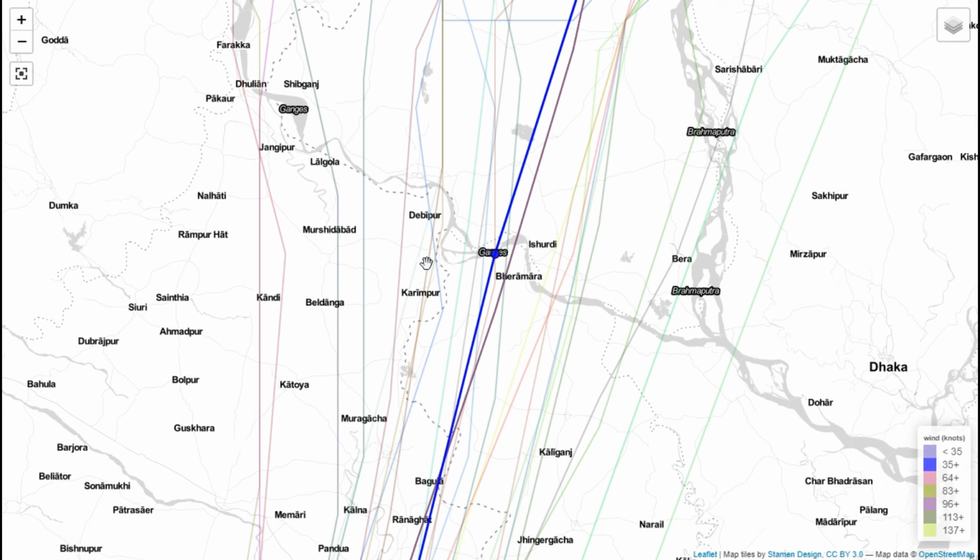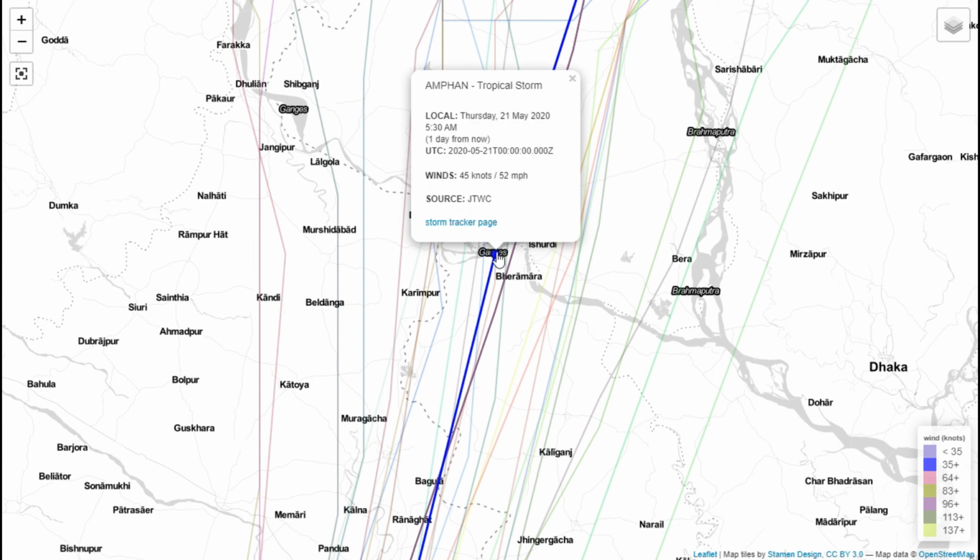So point 4 is in Bangladesh, and now you can see Amphan has become a tropical storm from a hurricane, and its speed will be reduced to 52 miles per hour. It will happen on Thursday 21st May 2020 at 5:30 AM. That is more than 1 day from now.